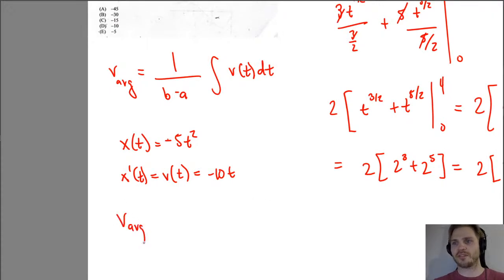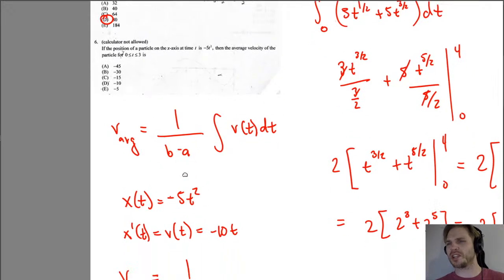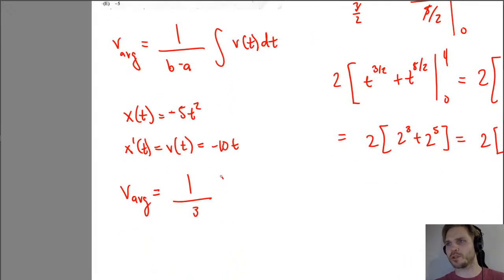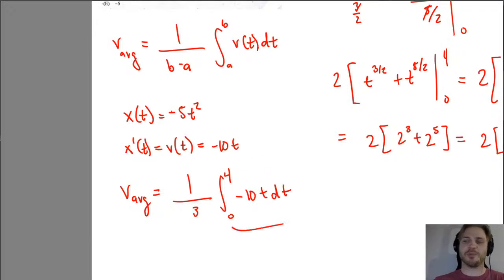So the average velocity is equal to 1 over b minus a. b minus a is 3 minus 0, which is 3. Integral from 0, and I should put a and b here as well, from 0 to 4 of, oh, this is me being stupid, negative 10t dt. If I'm about to take the integral of this, it's this, right?